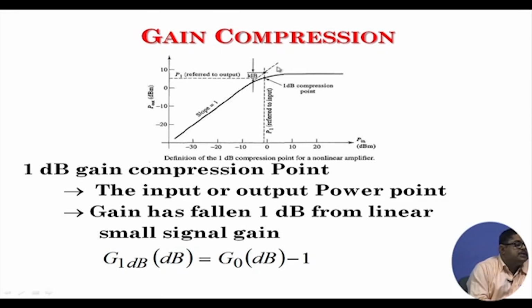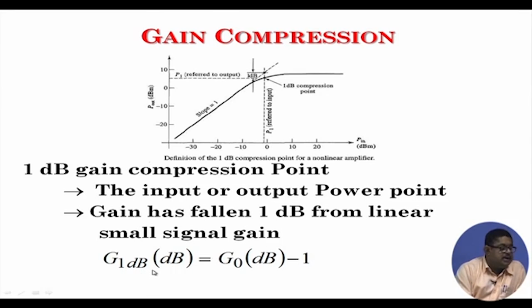Please remember, this is a dB scale, that is why we are writing slope is 1. That does not mean that the gain is not there. In the dB scale, if I have a slope of 1, that means it is linear, but it says that there is some gain. Now, the linear gain is something, but here it has fallen by 1 dB from that. That is why this is called the point where gain has fallen 1 dB from linear small signal gain.